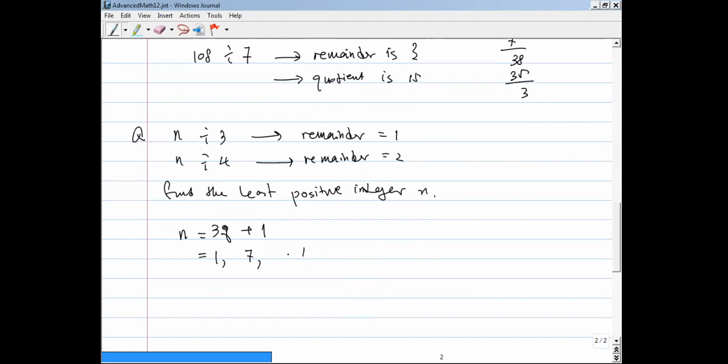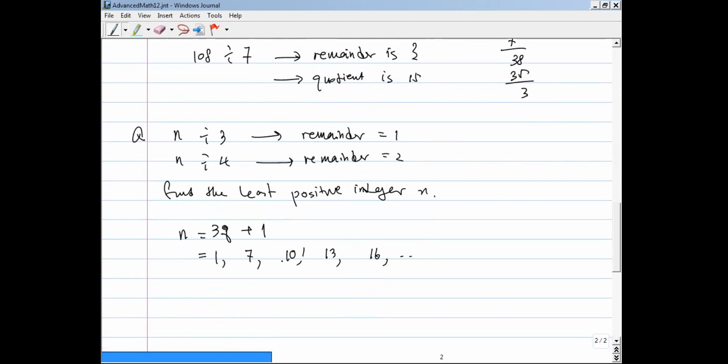When q equals 3, it's 10. Okay? When q equals 4, 13. Okay? And 16. Right? So you have to check which one, when it's divided by 4, gives the remainder of 2.